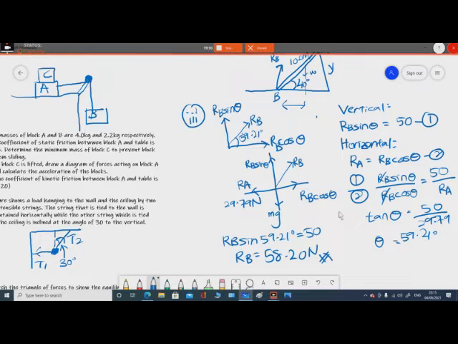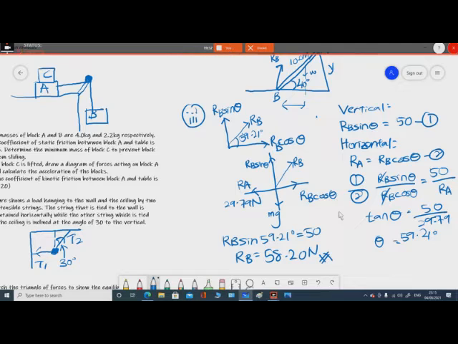As I resolve one by one, I'm able to see and analyze whether each force is in the vertical component or the horizontal component.